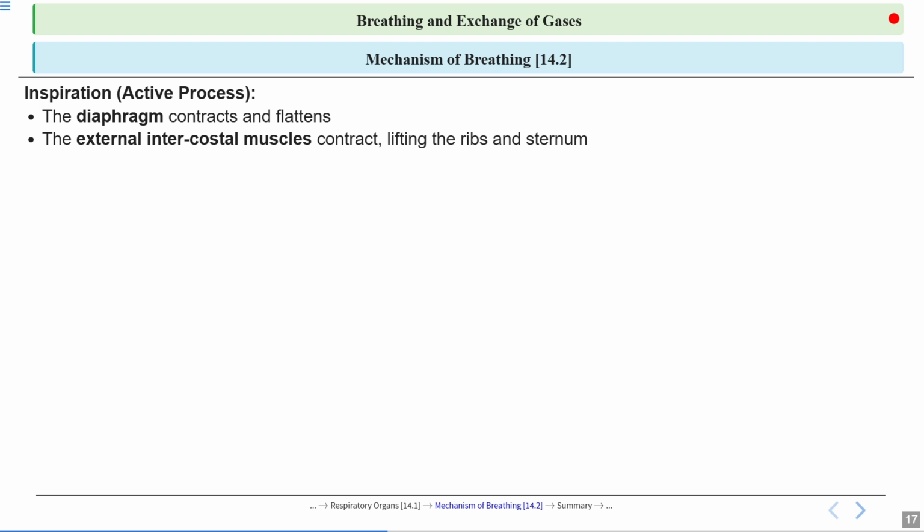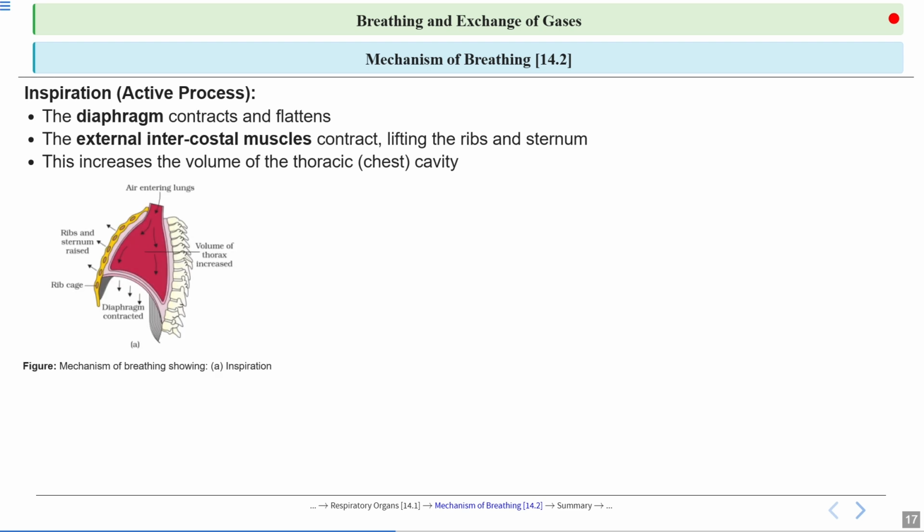These muscles contract, and due to the contraction of the external intercostal muscles, there is lifting of the ribs as well as the sternum. Now what happens due to this? This increases the volume of the thoracic cavity, or you can say the volume of the chest cavity. So you can see this is the mechanism of breathing showing you inspiration.